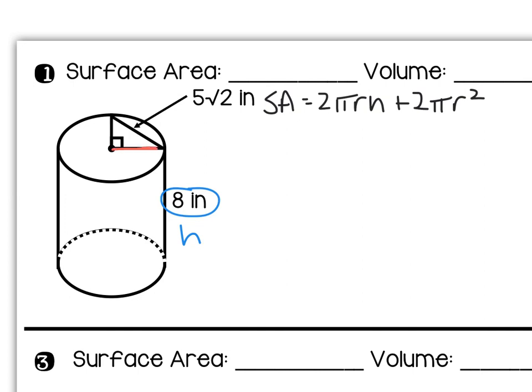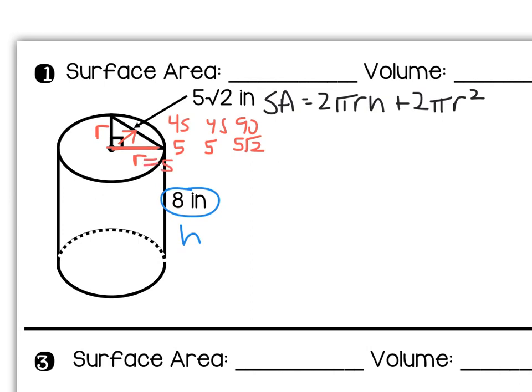On this little right triangle they gave me, the bottom part is a radius, and the top is too, which means I have an isosceles triangle because those are going to be the same. So if I have an isosceles right triangle, what kind of triangle is that? It's a 45, 45, 90 triangle, which means across from 90 is 5√2. So my radius is equal to 5.